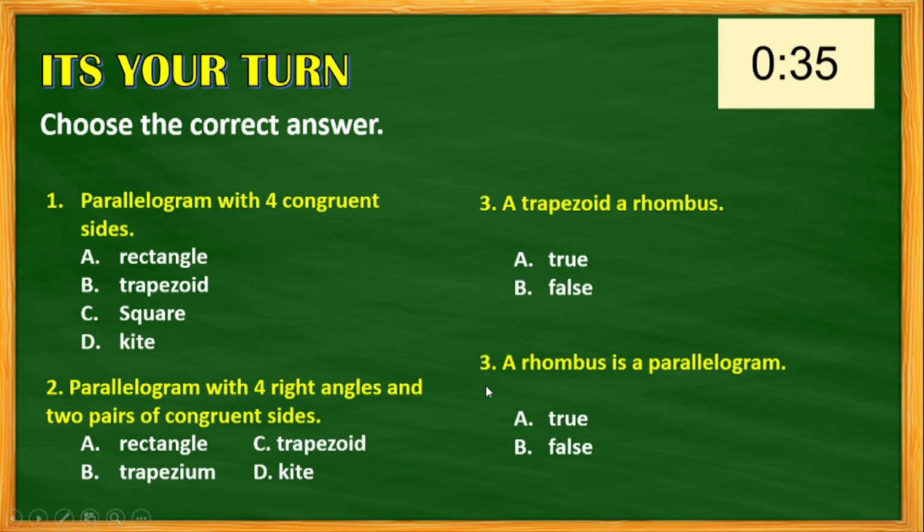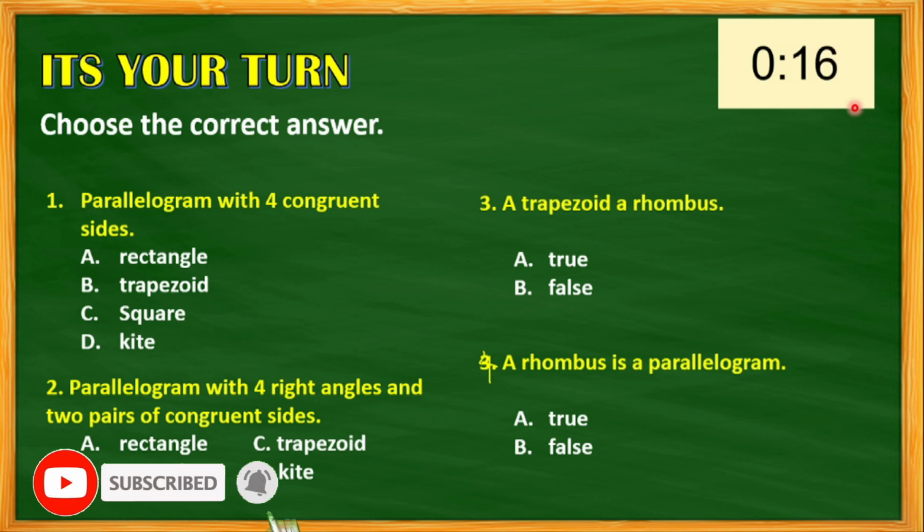And for number 4, a rhombus is a parallelogram. Is it true or false? Okay, you have 17 seconds.